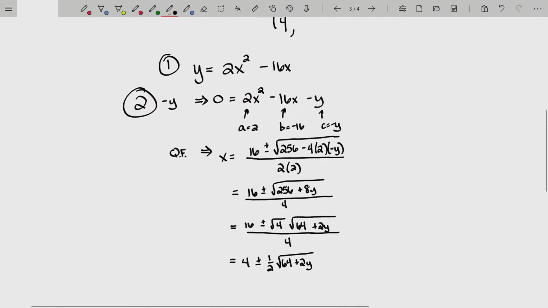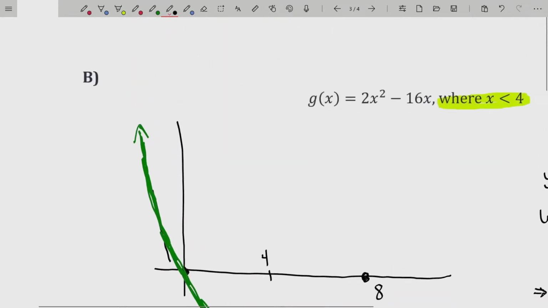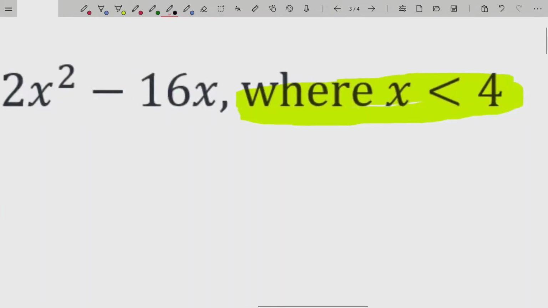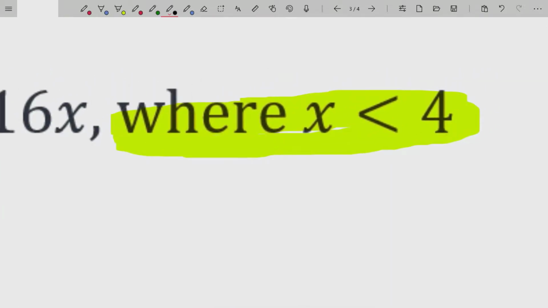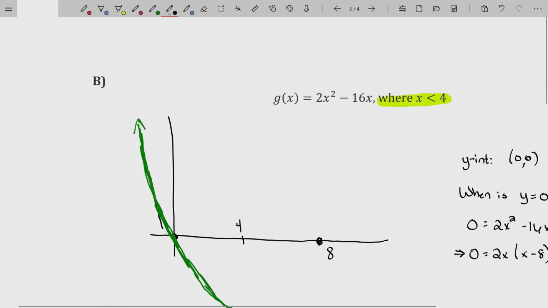Luckily, we've been told from the get-go, climbing up to the top, that x must be strictly less than 4. So our answer, x, cannot be at 4 plus something. It has to be 4 minus something. That's the big hint.